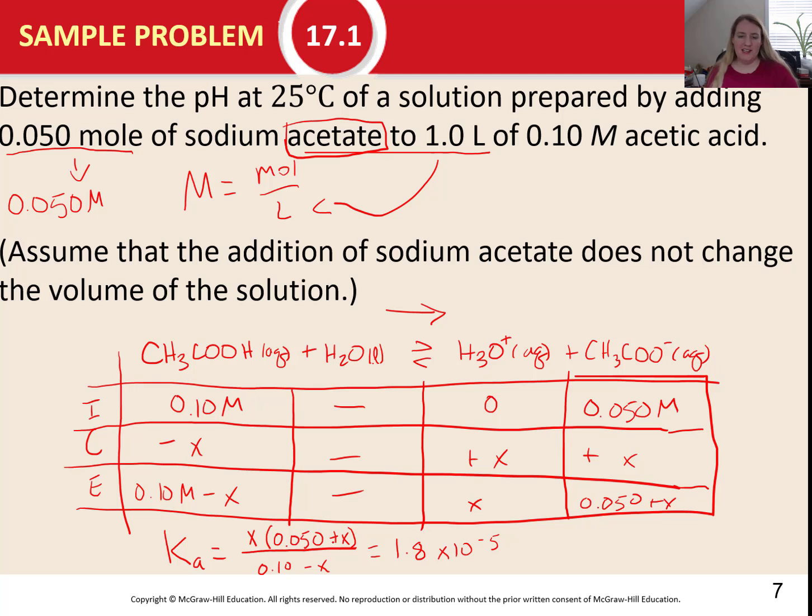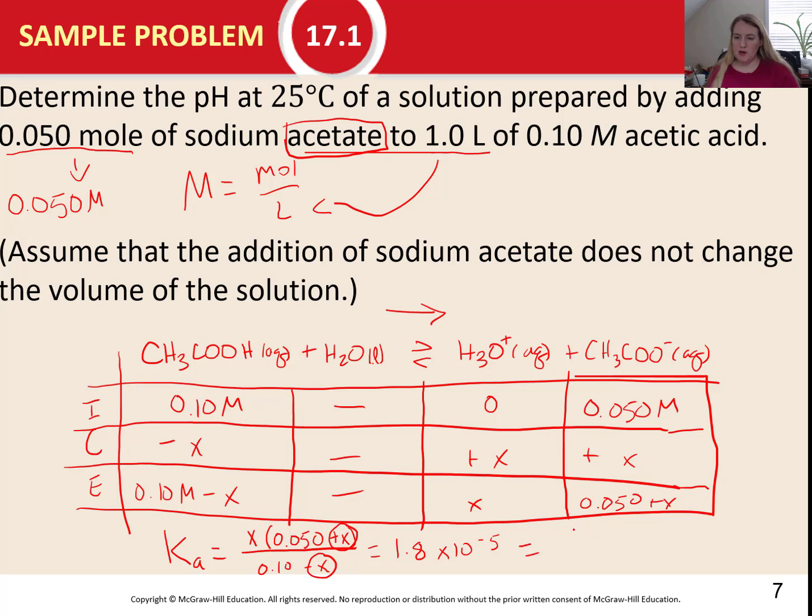And hopefully, we will be able to assume X is small, so that we don't have to do the quadratic. So if we assume X is small, remember you ignore anywhere where X is added or subtracted, but not where it is being multiplied. So if I assume X is small, then I can ignore the plus X and the minus X, but I cannot ignore where it's being multiplied.